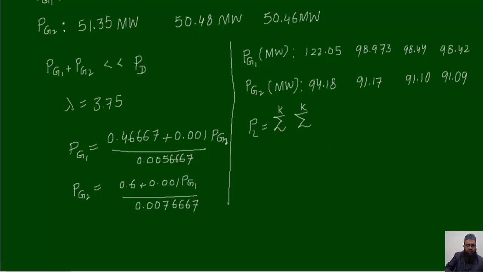So better write here the same notation which we have used previously: M is equal to 1 to K, and put here N is equal to 1 to K.